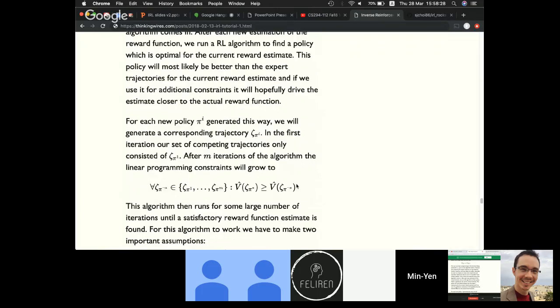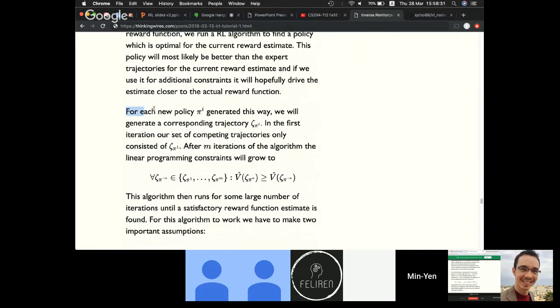It says that exactly here. I generate a new policy, pi i, for that time step, in which I take the current reward function that I've estimated and say, if that was actually your reward function, you would be doing this. I roll that out, I get some trajectories, and then I ask whether those trajectories actually look like the ones I got from the expert.